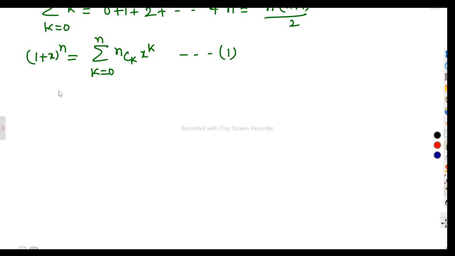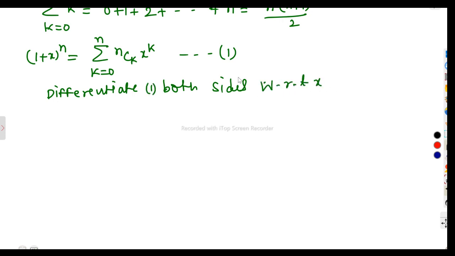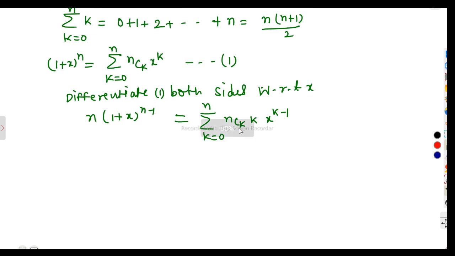If we differentiate both sides with respect to x, we get n into 1 plus x raised to power n minus 1, equal to the summation k equals 0 to n of nCk times k x raised to power k minus 1.